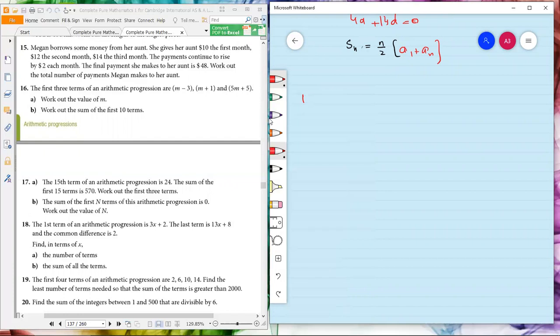Okay, 16. Remember one thing: in an arithmetic progression, the common difference will be the same. The terms are m minus 3, m plus 1, and 5m plus 5.